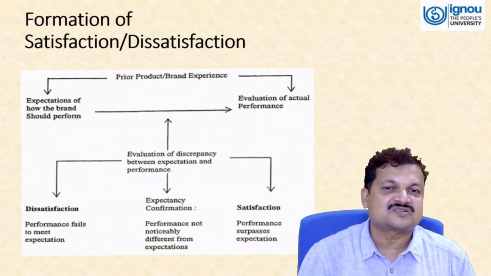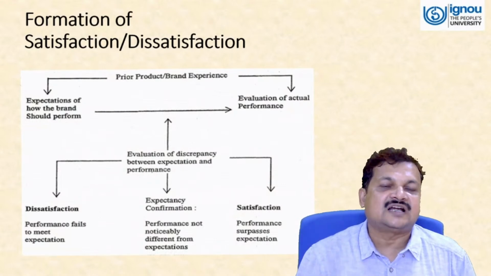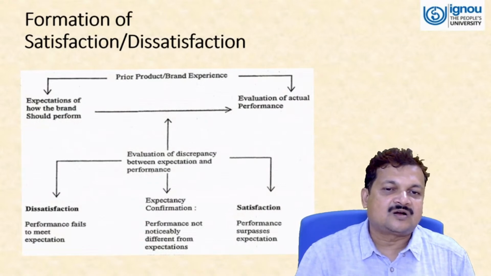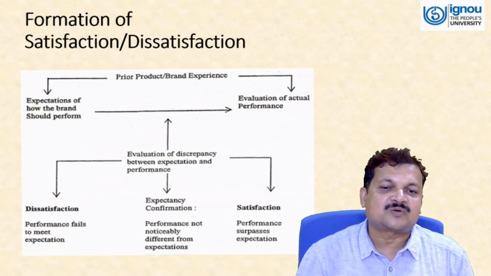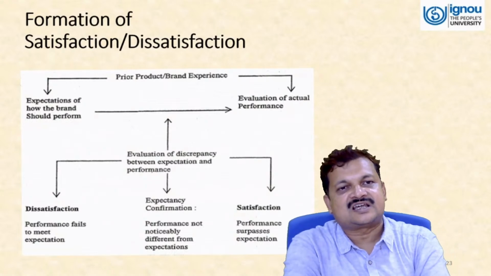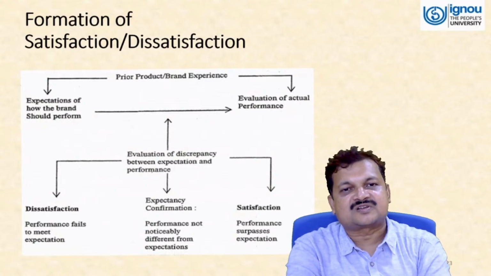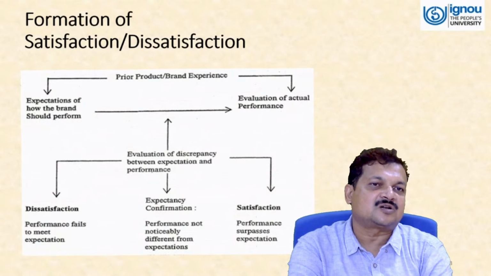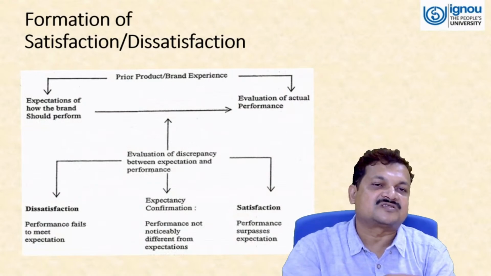The performance is better than what you expected, so you are satisfied, or you can say customer delight is there. And expectancy confirmation is when performance is not noticeably different from expectation. Sometimes you are not getting the expectation you had, but something else you had never thought of, and that creates expectancy confirmation.